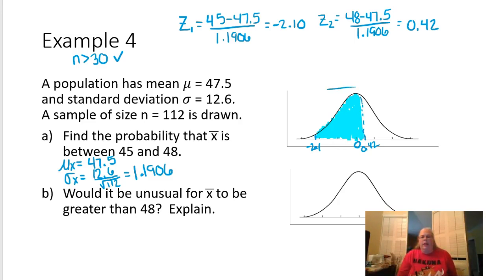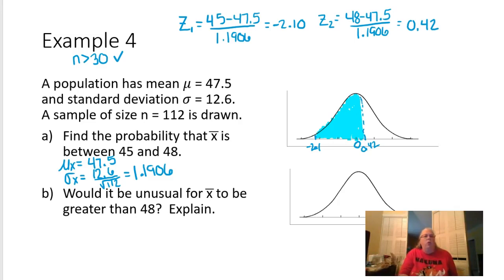And then I'm going to have to find the area under the curve behind 2.1, which is going to take me from here to here. And then since this is the area that I was interested in to begin with, I'm going to subtract them, and those parts are going to cancel out and leave me with just the blue area right here. So I think the ALEKS calculator will do that for me.